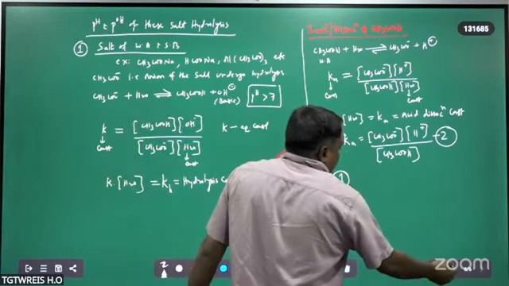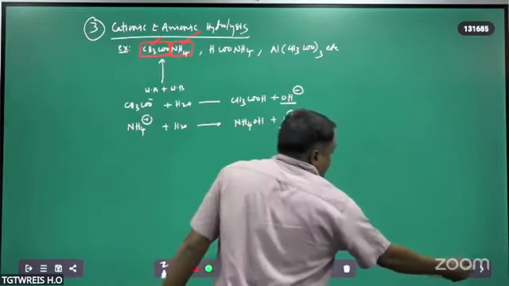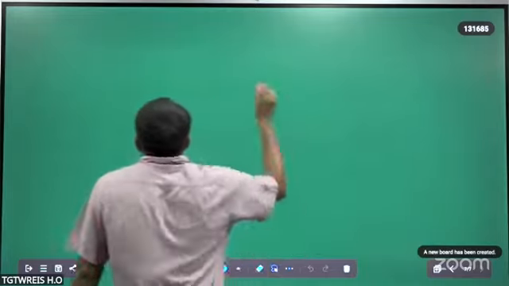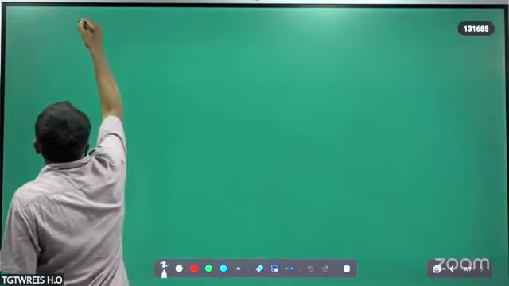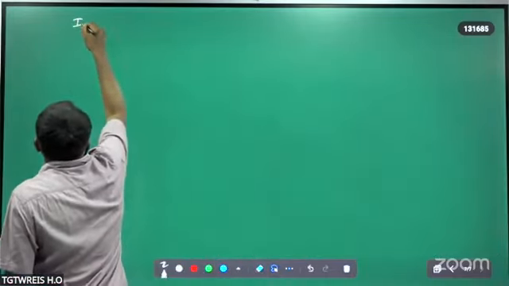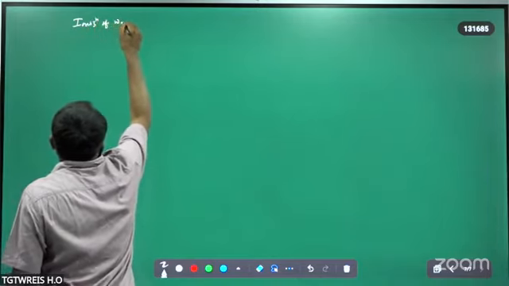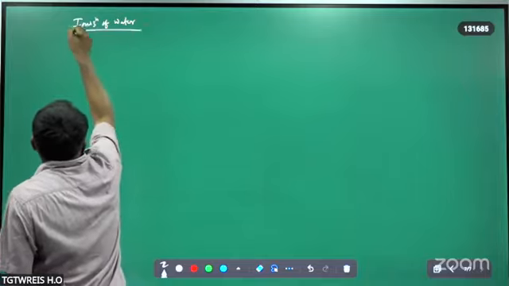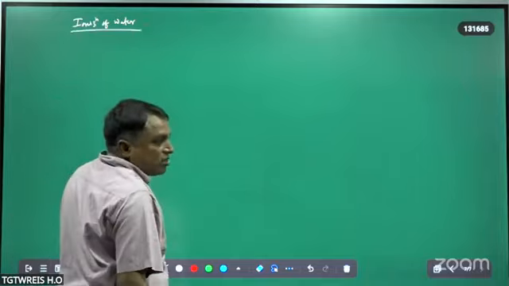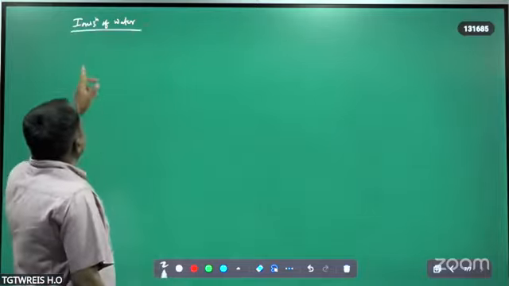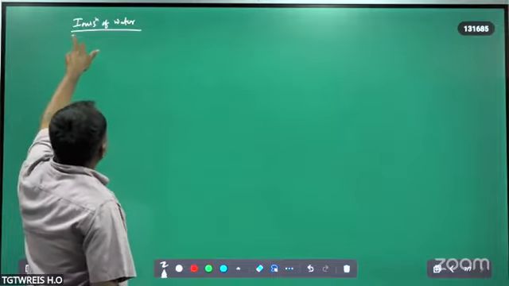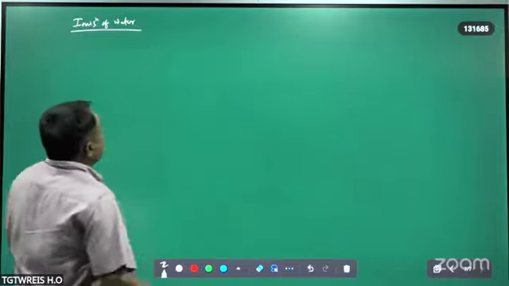Now the dissociation or ionization of water, because in the equation we have the terms of H plus and OH minus. Therefore, in order to calculate that, we want to calculate the ionization of water.